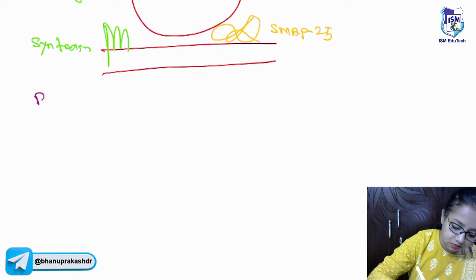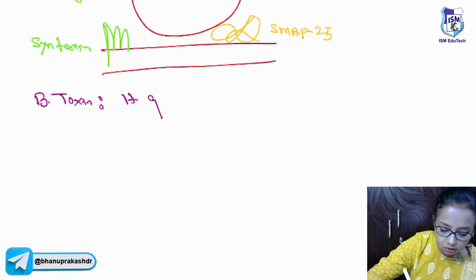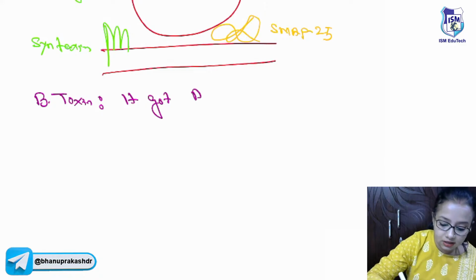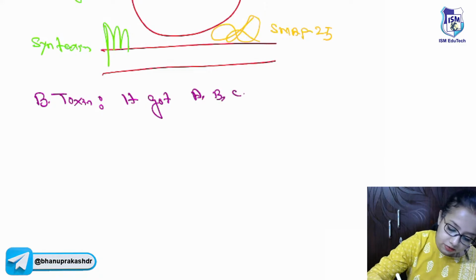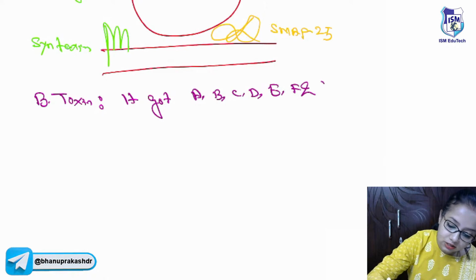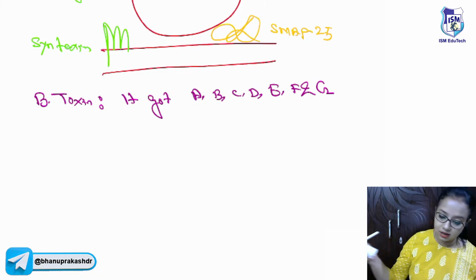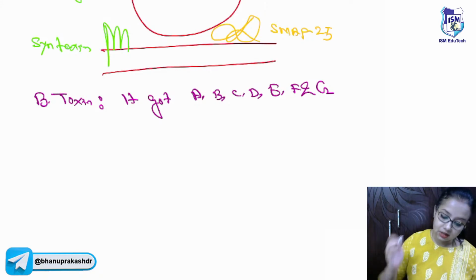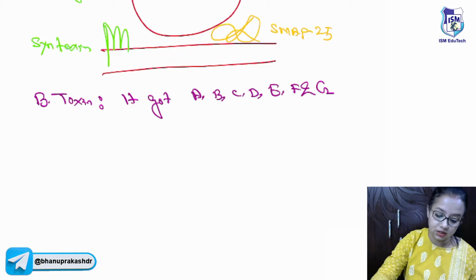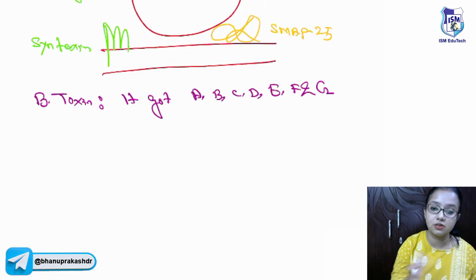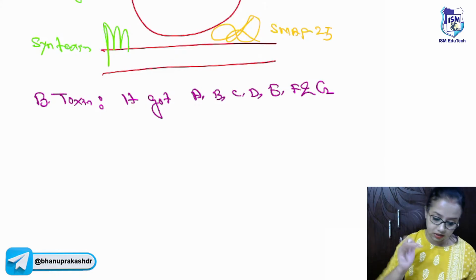Now, this botulinum toxin has A, B, C, D, E, F, and G subunits. Through these subunits, it can systematically target different subunits of the SNARE protein.